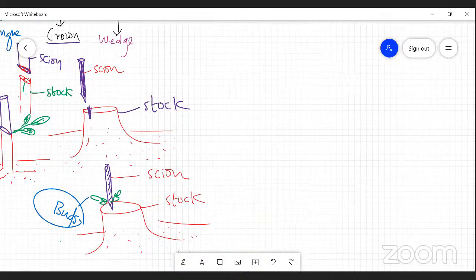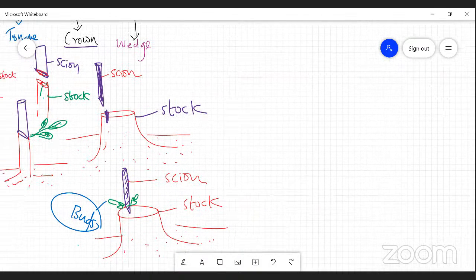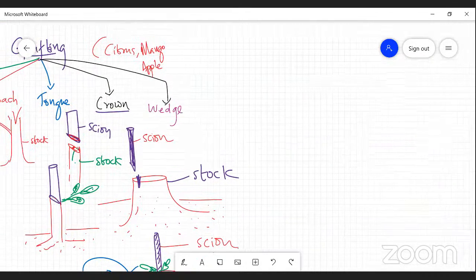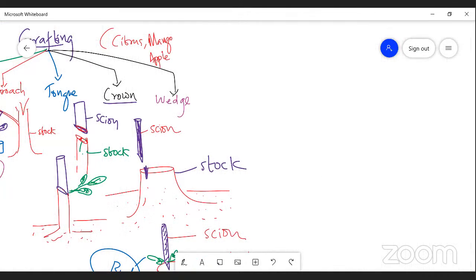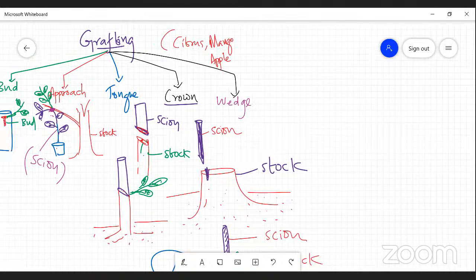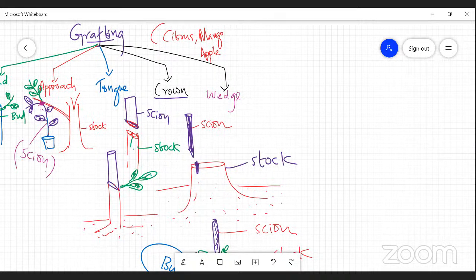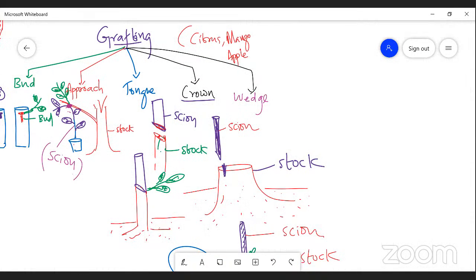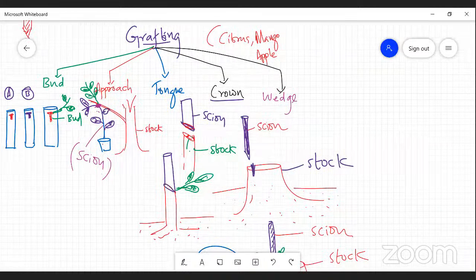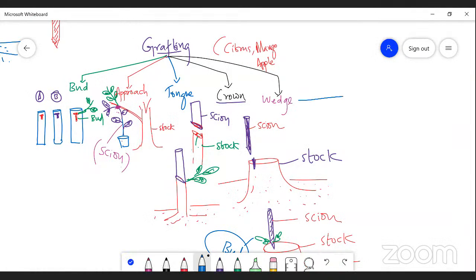I'm talking about wedge grafting. Actually, wedge grafting is a technique in which the stalk and scion are the same size, the same in thickness.